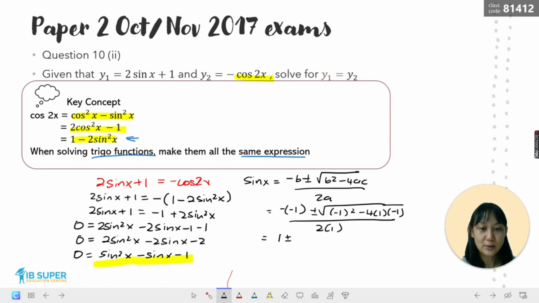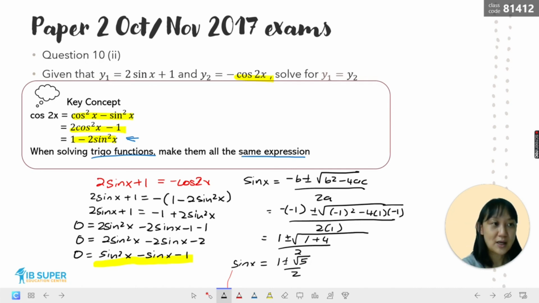That is 1 plus minus square root of 1 plus 4, over 2. That gives you 1 plus minus square root 5 over 2. That's your sine of x. You have to use a calculator to simplify these values.